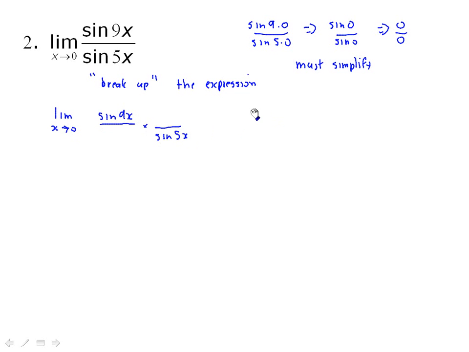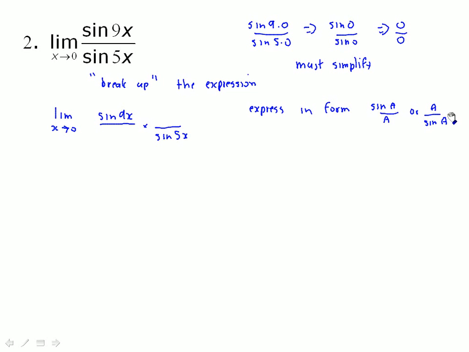And the reason for this is that I want to express these in the form sine A over A or A over sine A. So that's what it's all about when you've got sine functions. And by breaking it up like this, I can put it in that form by introducing the terms that I want, as long as I'm careful not to break any math rules along the way.